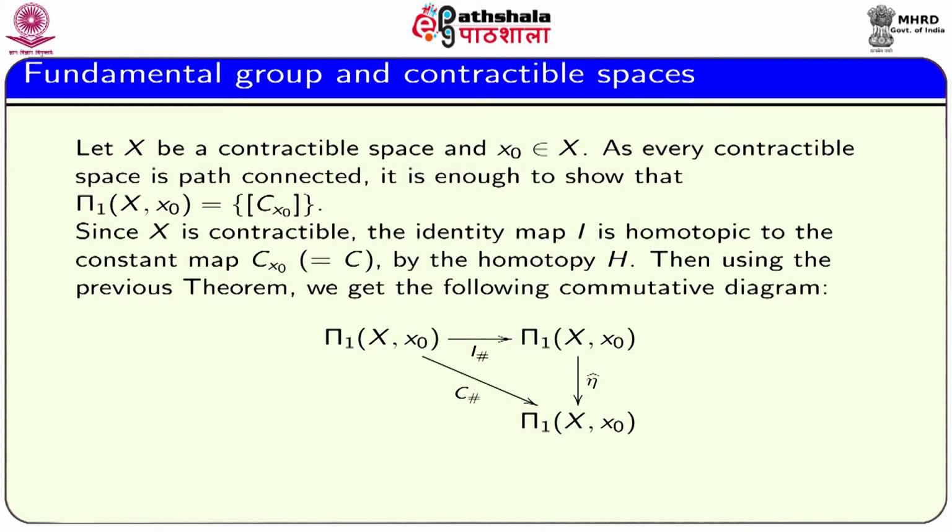Since X is contractible, the identity map I is homotopic to the constant map C x0, which we denote by C here, by the homotopy capital H.